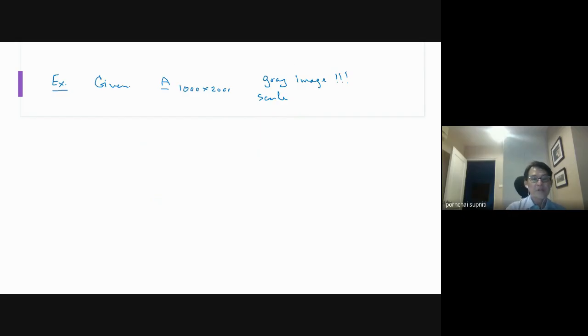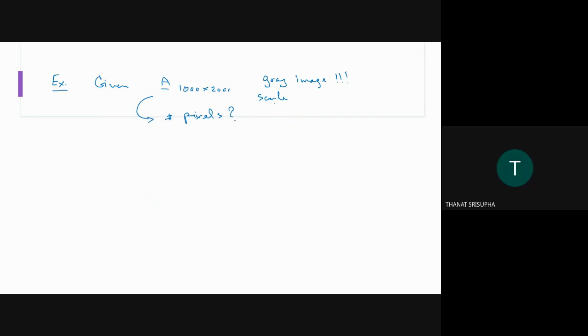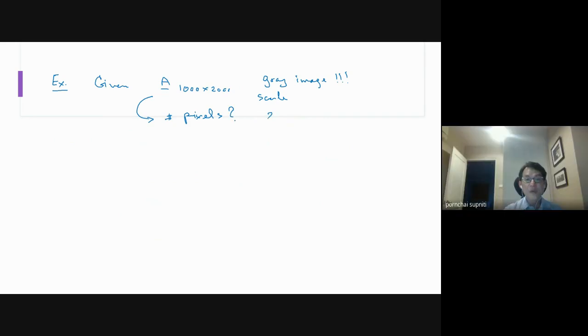For an image of 1000 times 2000, how many pixels are there? Can anyone tell me? 2 million. Yeah, so we have 2 million pixels, right? Or in a way, we have 2 million numbers to store.